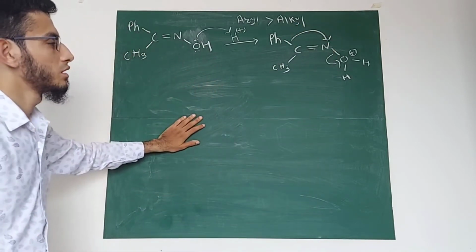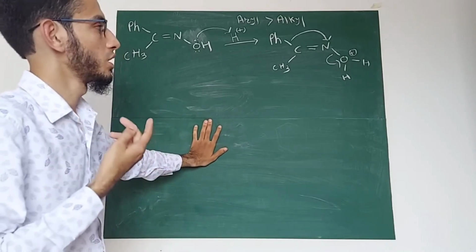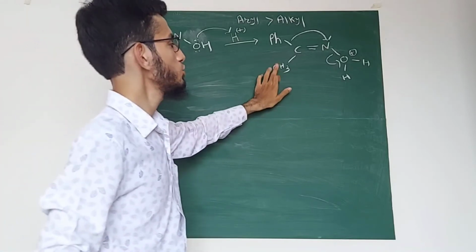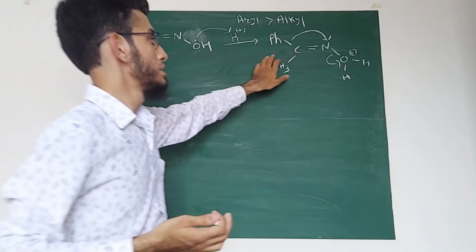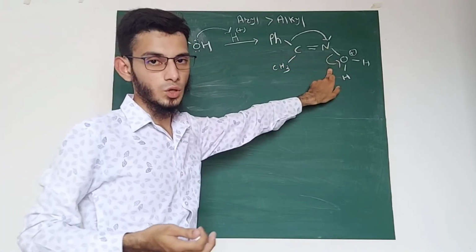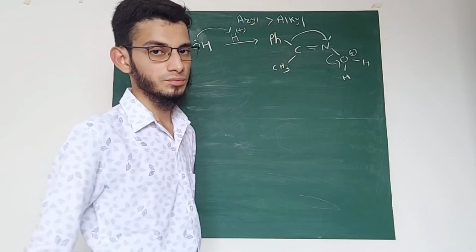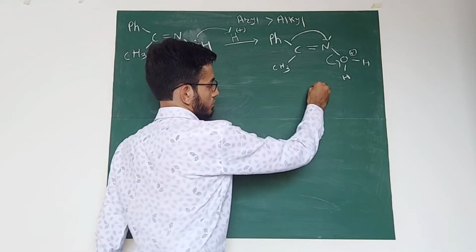Remember one thing, if stereochemistry is given, we should first give priority to the stereochemistry, then migrate. Suppose the CH3 group is here, then the CH3 group will migrate. You should not consider the migratory aptitude. Here it is the phenyl group, so we should migrate the phenyl group.